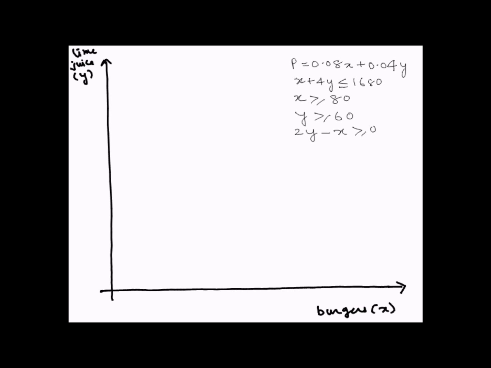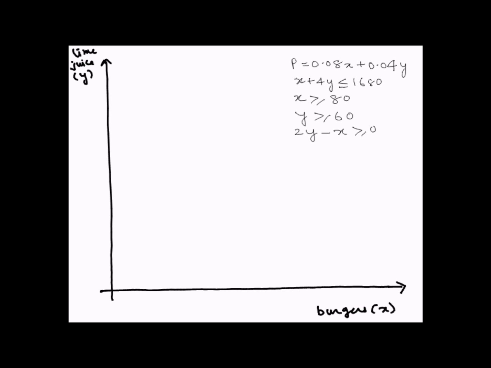Now since there is a non-negativity restriction on the decision variables for the linear programming model, we have considered the first quadrant of the graph where the values of x and y are positive.